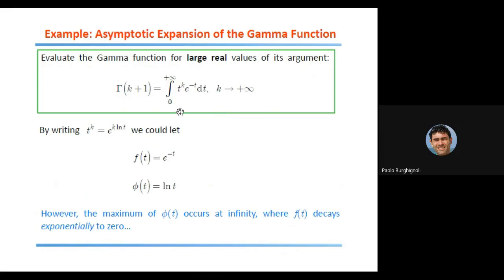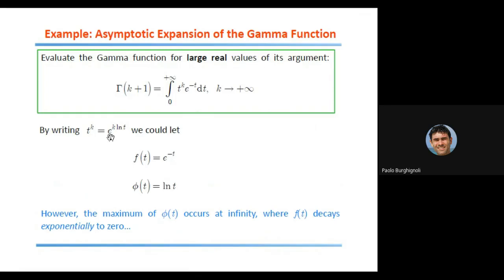The definition of the gamma function is recorded here. Now, one thing one could try to do in order to apply Laplace method is to write the power t to k as an exponential, in which the exponent is k times the logarithm of t. And so we could try to recognize the pattern of the Laplace method in which the function f is the exponential e to the minus t.